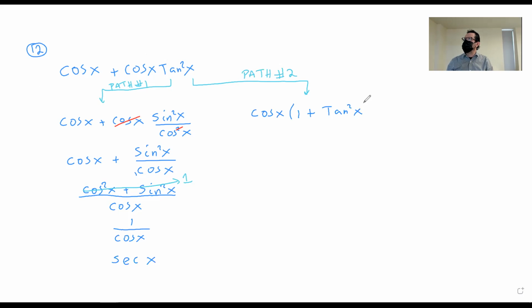If I factor the cosine, I'm going to get cosine multiplied by 1 plus tangent squared of x. And I know that 1 plus tangent squared of x is secant squared. So cosine of x multiplied by secant squared.